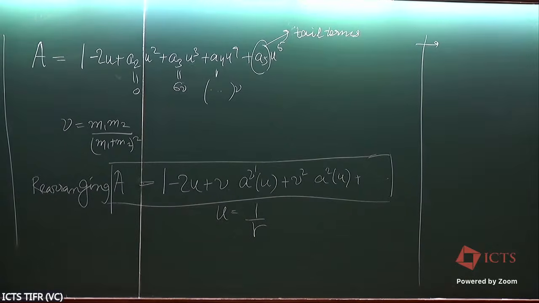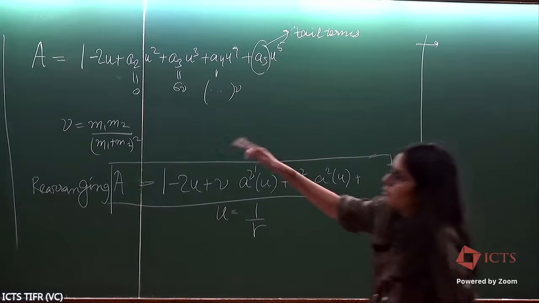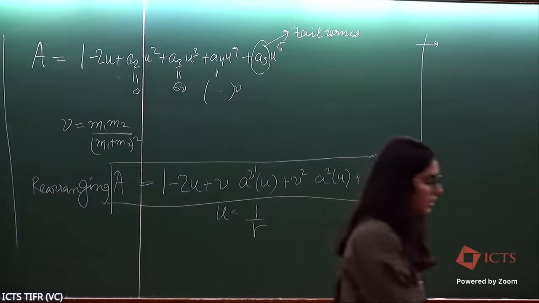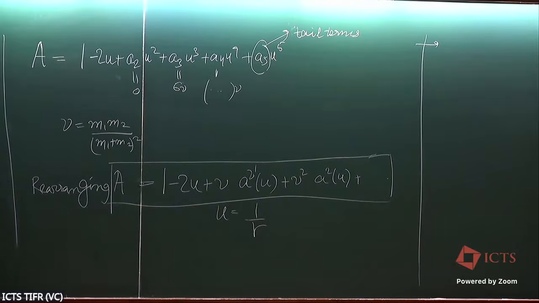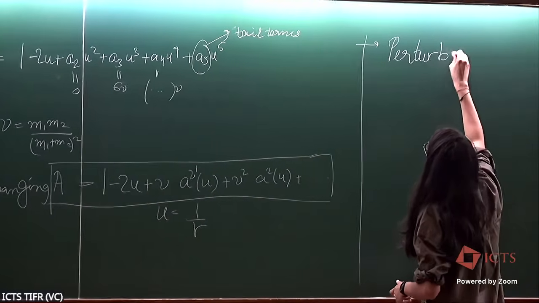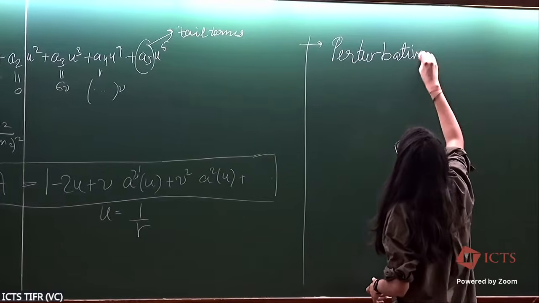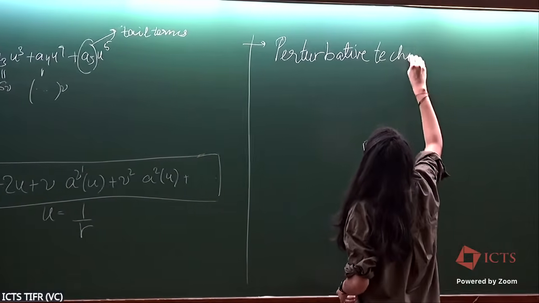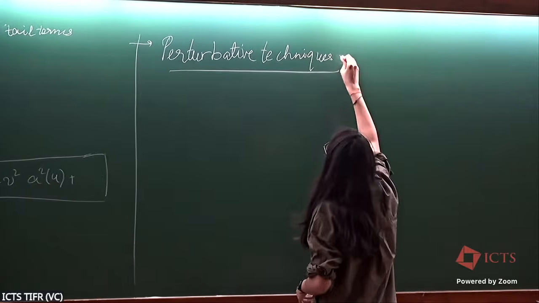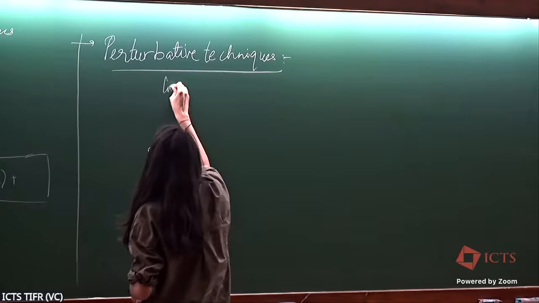One of them you studied last week, which was post-Newtonian, on which we built the entire machinery. In today's lectures, I think you are also studying post-Minkowskian. So there are various perturbative techniques to study the two-body problem.